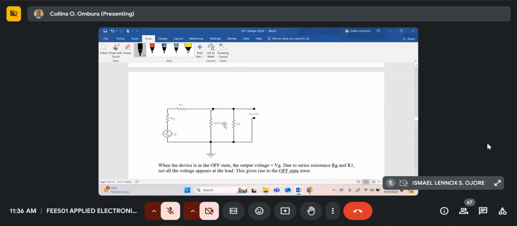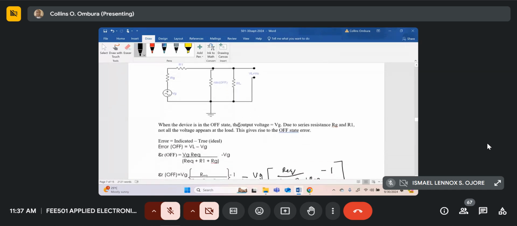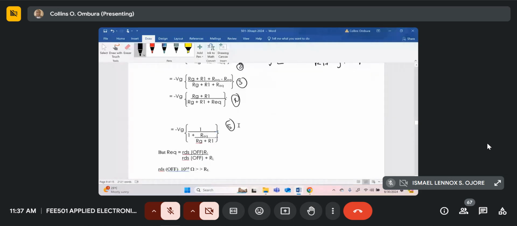RDS off we get from the parameters of the FET, and RDS off is typically 10 to the power 10 ohms, while the input of the op amp is a few mega ohms. So you have a very large resistance paired with another resistance that is relatively small. It works out that the combination will just be the smaller resistance. So that's the result we used over here.